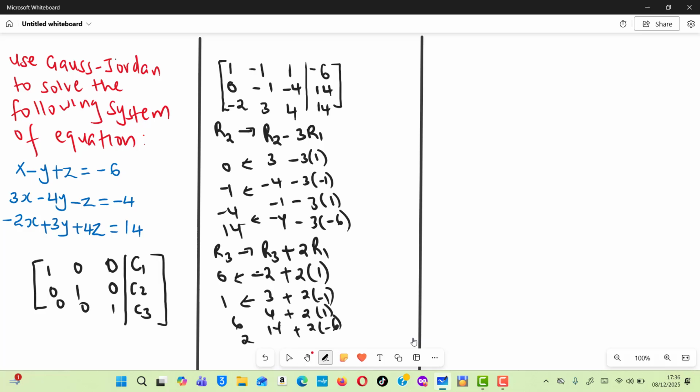So we're going to remove the original row 3 and replace it with our new row 3, which is 0, 1, 6 and then 2.